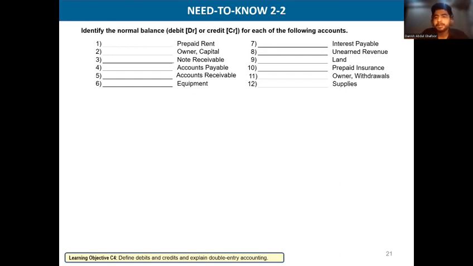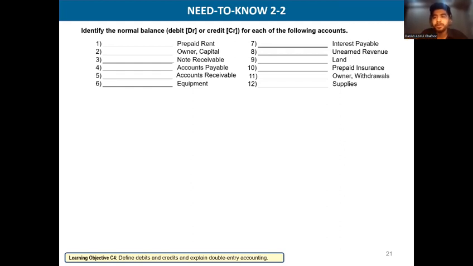Now let's see land. Land is also an asset, so it will also be on the debit side. Owner withdrawals. Owner's equity will always be on the credit side, but owner withdrawals is the contra account of owner's equity because it reduces the owner's equity.